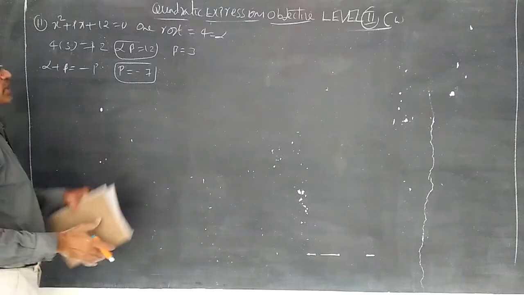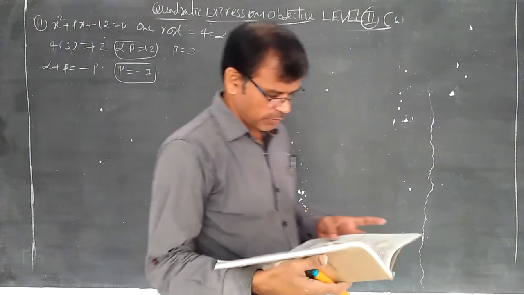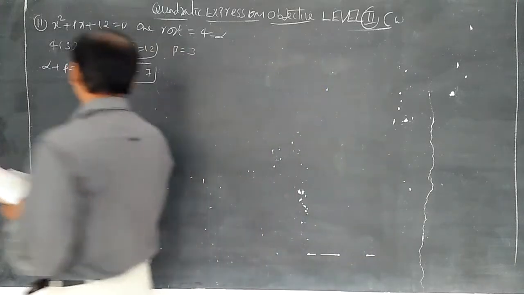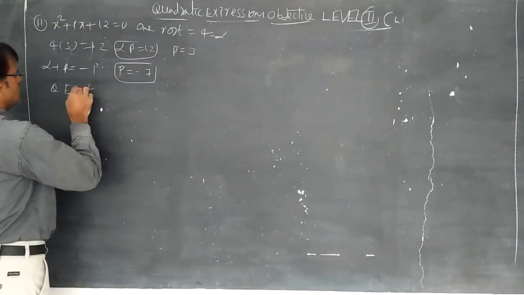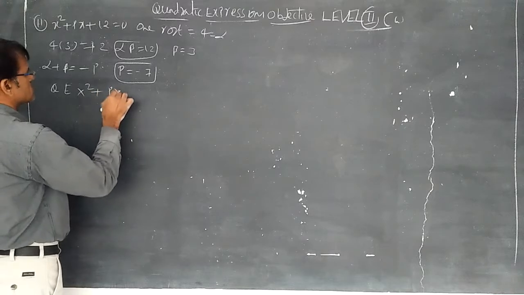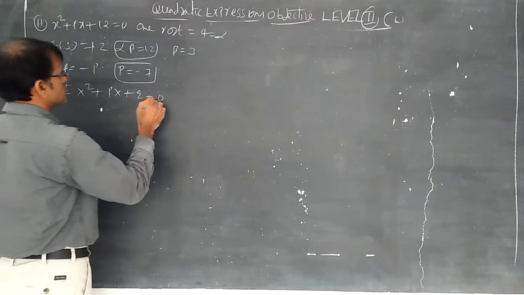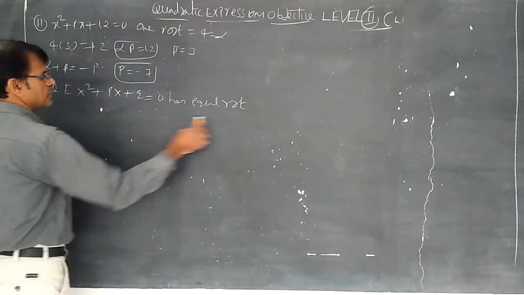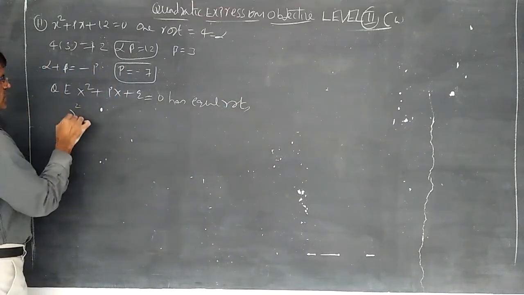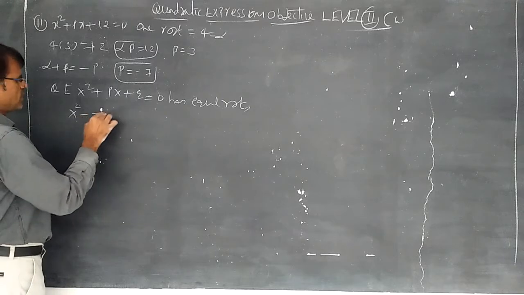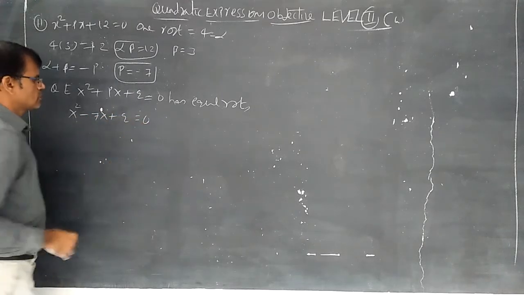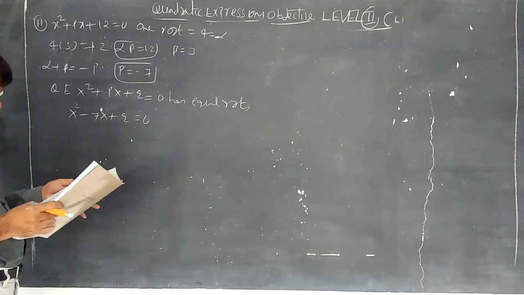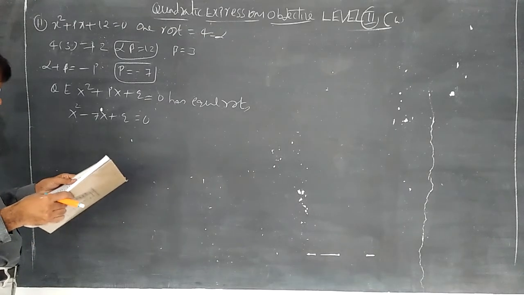Now QE became x square minus 7x plus 12. Now while the equation x square plus px plus q equal to 0 has equal roots, you can understand here x square minus 7x plus q.